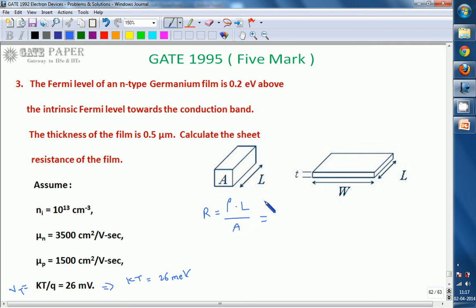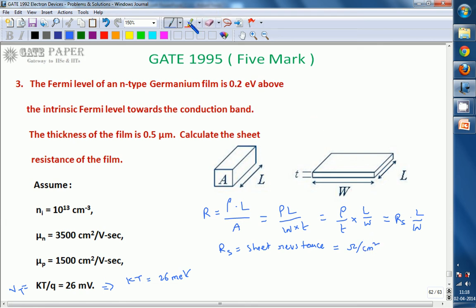W into T is the area, so you can write rho L divided by W into T. We can interchange this and write rho by T into L by W. This rho by T is going to be treated as sheet resistance, Rs, into L by W. Rs is the sheet resistance. The units are ohms per square, not ohms per centimeter square.